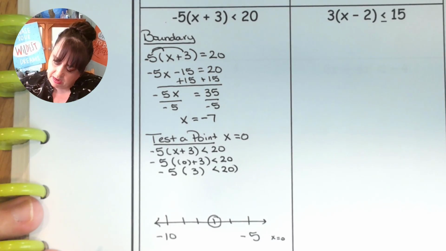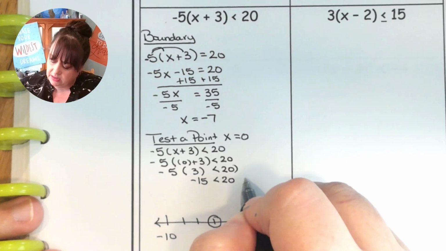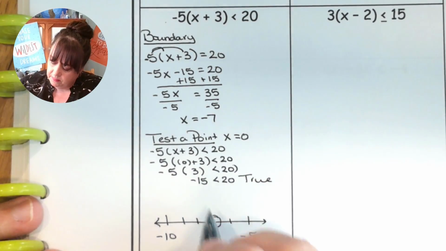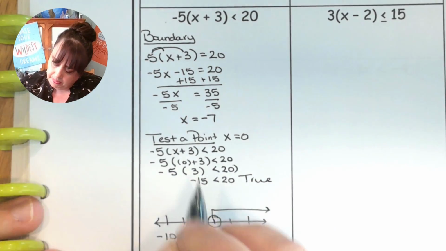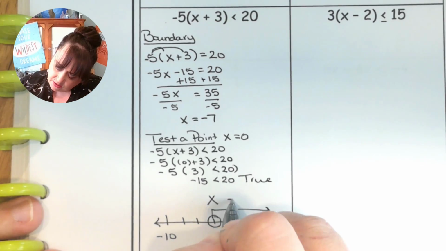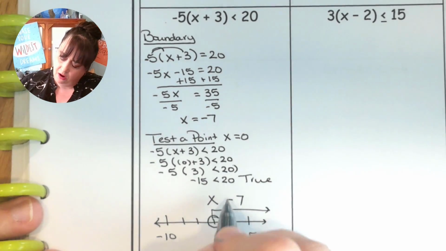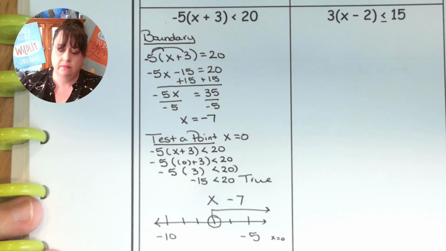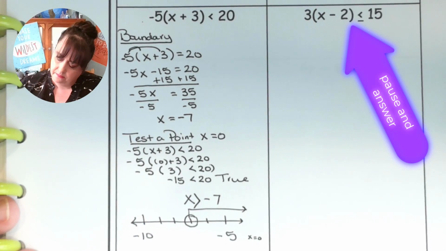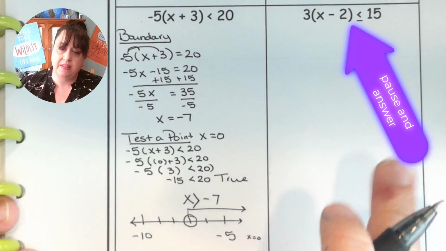Negative 5 times 3 is negative 15. Negative 15 is less than 20. That is true. So we have to go over it. How does x compare to negative 7? They are bigger. Okay, try this one.